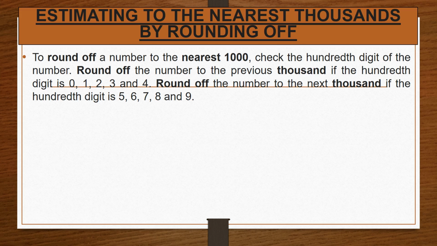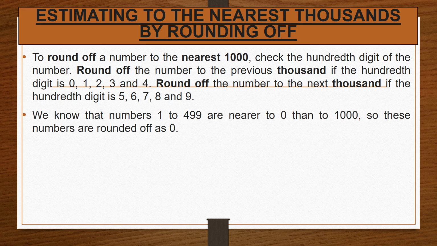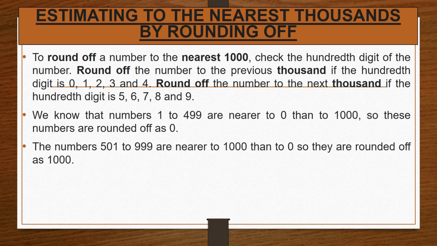Round off the number to the next thousand if the 100th digit is 5, 6, 7, 8 and 9. Now, we know that numbers 1 to 499 are nearer to 0 than 1000. So, these numbers are rounded off as 0. The numbers 501 to 999 are nearer to 1000 than to 0. So, they are rounded off as 1000.